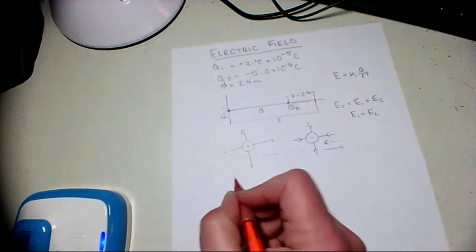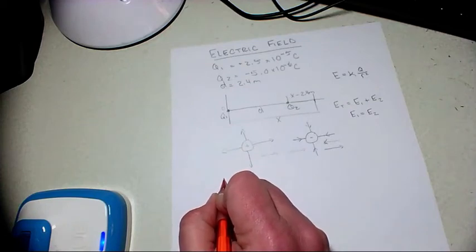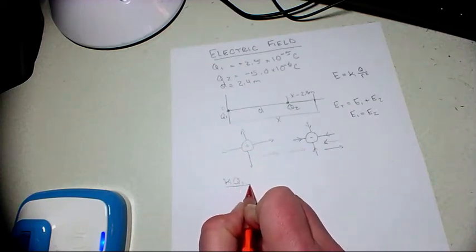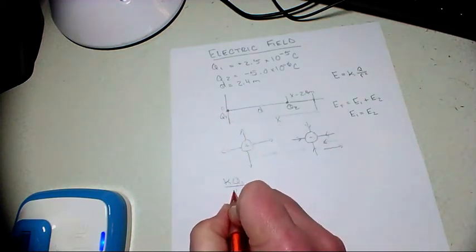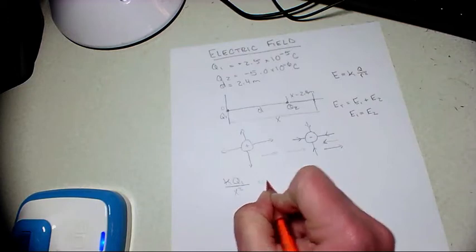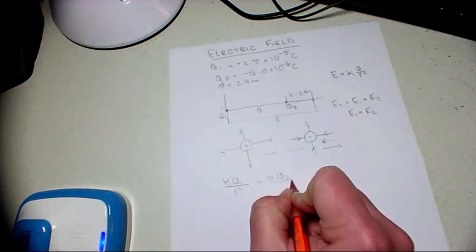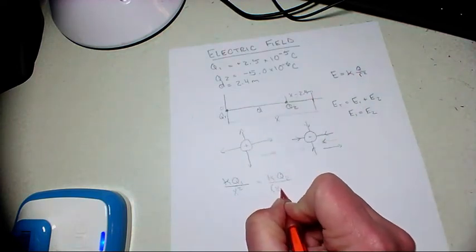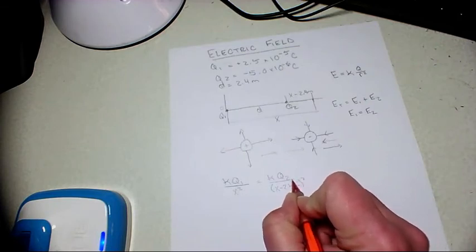E1 is in reference to Q1, so k q1 over, and I'm saying that distance is x squared. Then the second one is k q2, and I said that distance is (x minus 2.4 meters) squared.